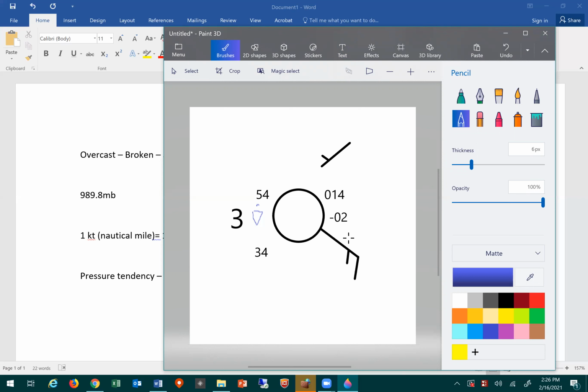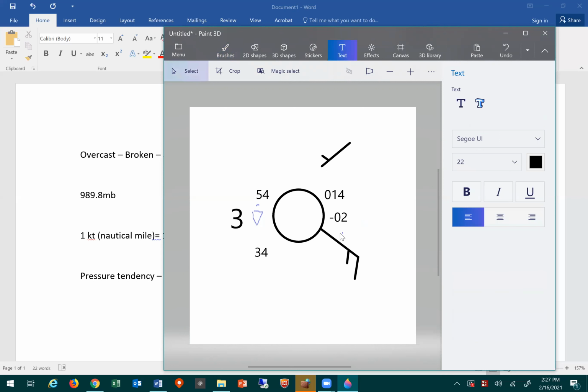To the lower right is a place for a symbol. For the sake of simplicity, I'm just going to type in weather symbol. Like we saw the current weather, but this is past weather.